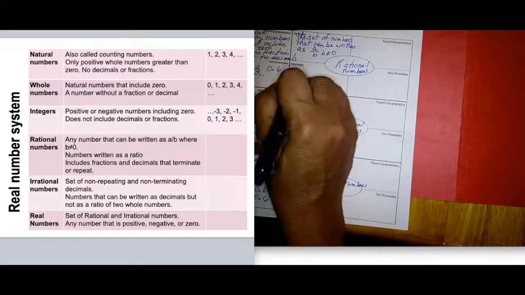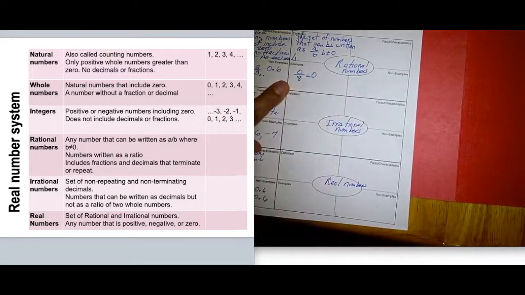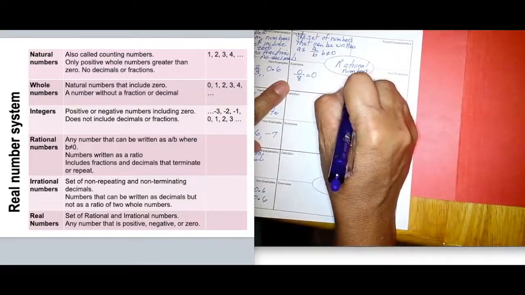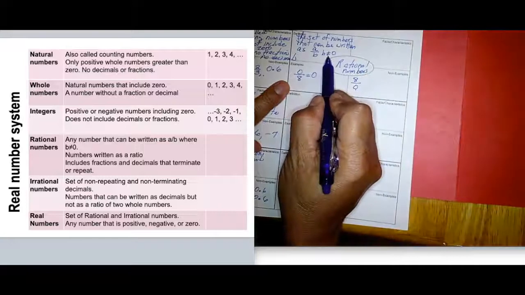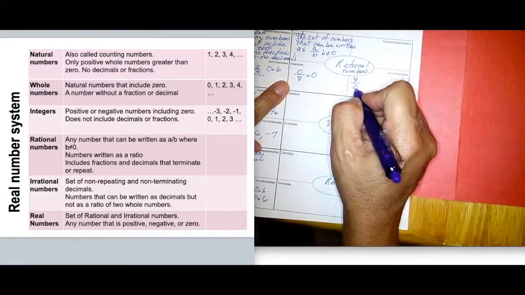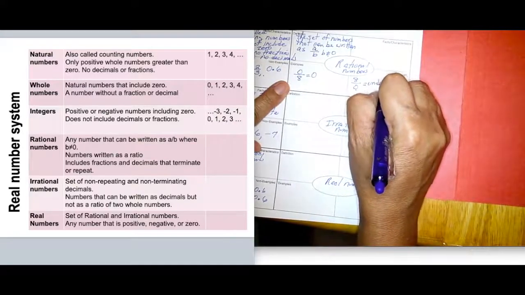So remember that 0 divided by any number is 0. That is okay. However, if the 0 is in the denominator, it cannot be. So we cannot have a 0 there. If you were to put this in your calculator, it would say undefined.